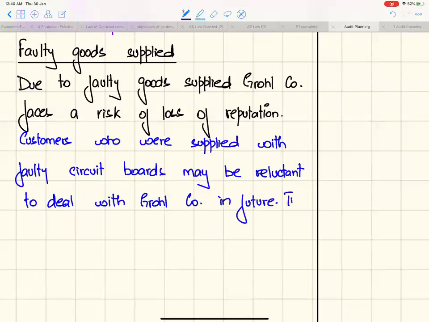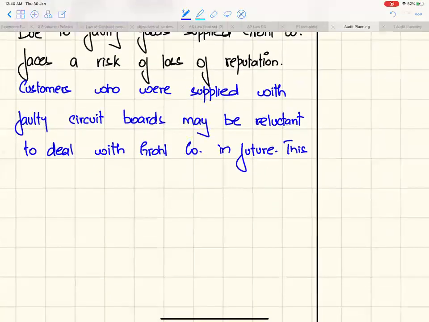This will lead to decline in revenue. Our revenues will decline. Okay.